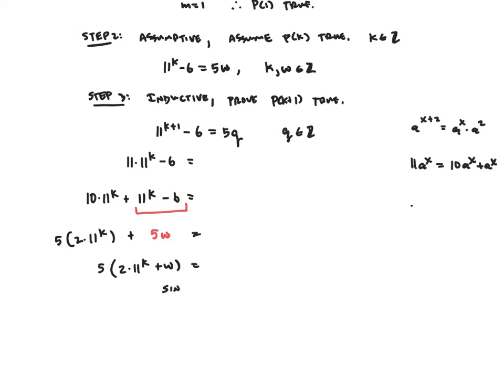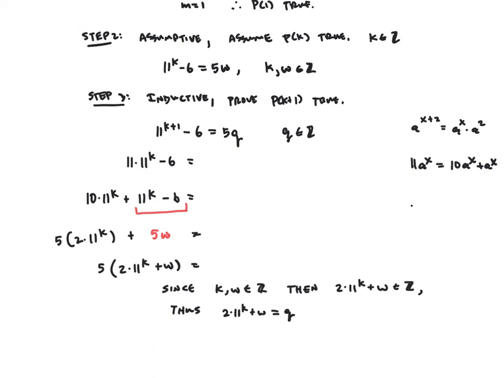Now since k and w are both in the set of integers as defined above, then 2 times 11 to the k plus w will also be in the set of integers as listed above. Thus, 2 times 11 to the k plus w will have to be equal to q.